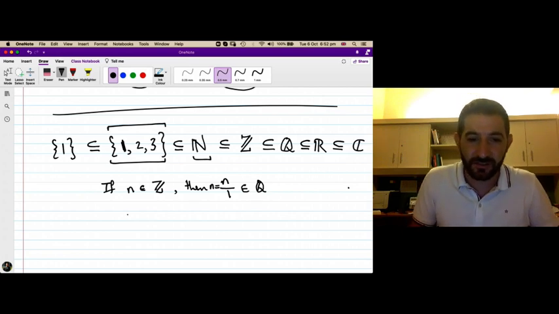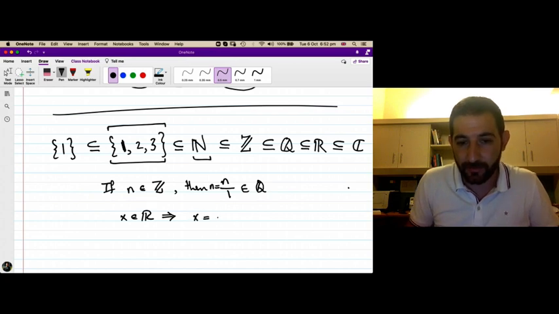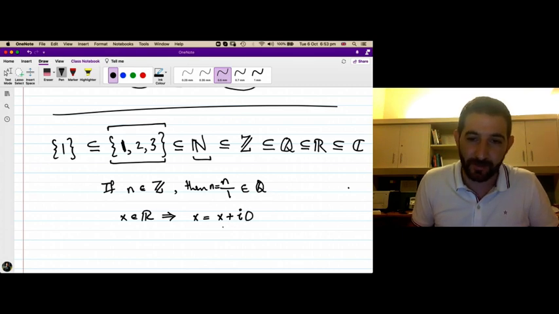Why? You remember that instead of saying if then, we can use the arrow. So if x is a real number, then x can be written in this form, x plus i times 0. And we know that this is a complex number.